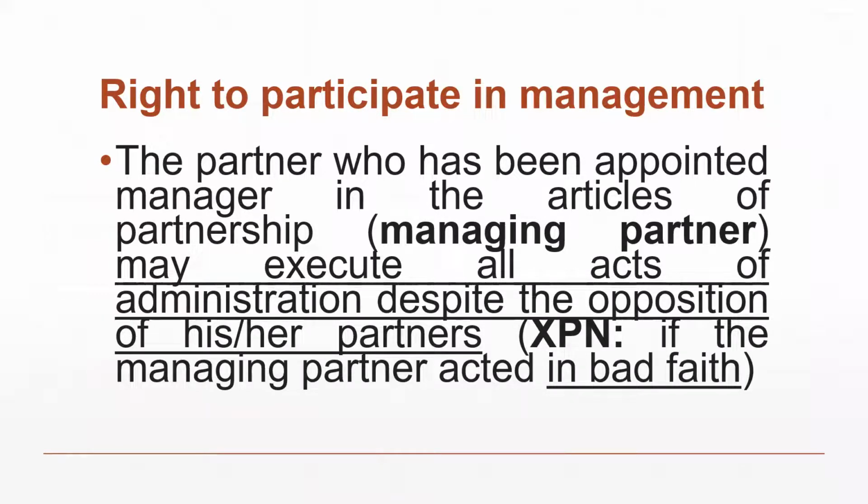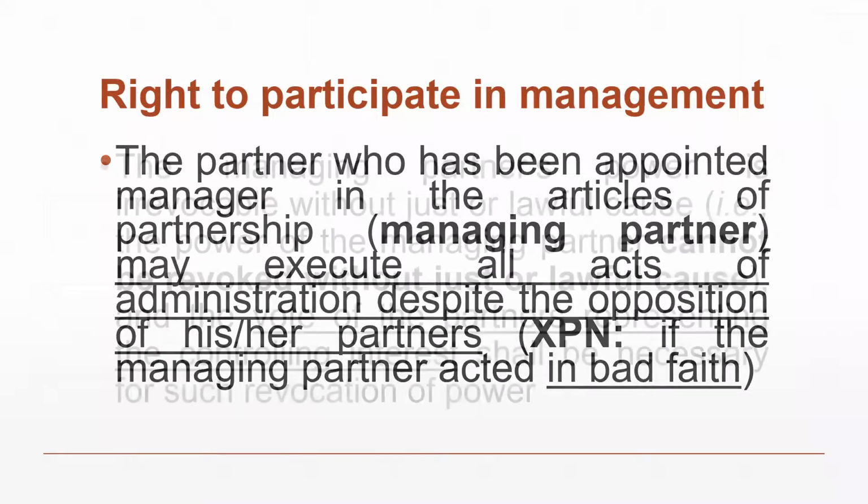If the managing partner has been proven to have acted in bad faith. So kung merong lokohang naganap, kung merong deliberate intent to mislead or to fool the other partners, then of course the other partners can prevail over the unlawful actions of the managing partner.